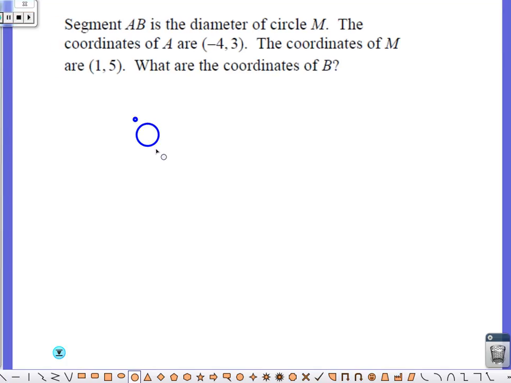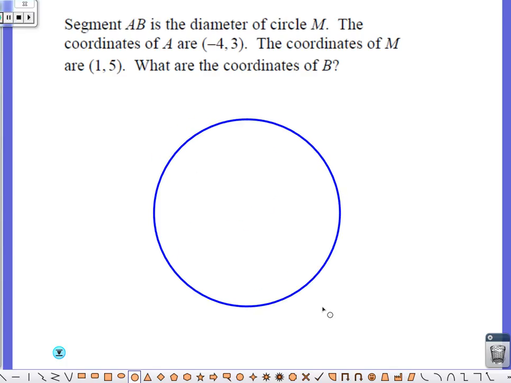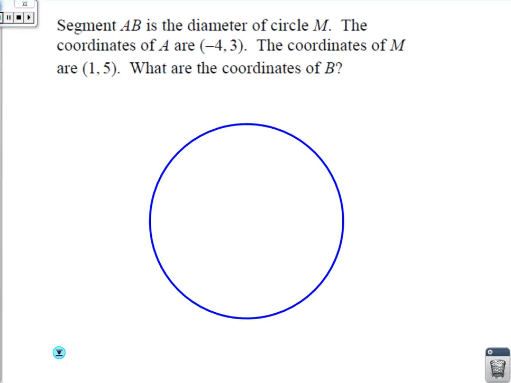You have a circle, and a diameter of the circle M. The diameter has to pass through the middle. It says one of the endpoints, A, is negative 4, 3, and M is 1, 5. How do you find the other?